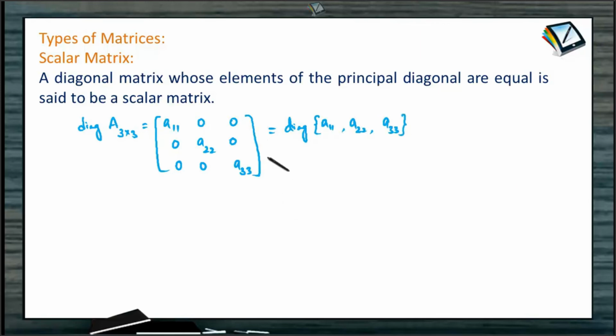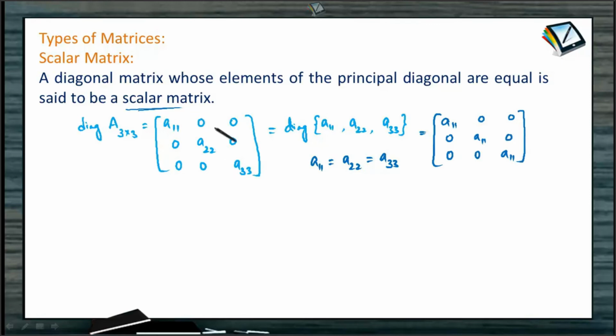Now, in this diagonal matrix, what is the extra condition required here? If the elements of the principal diagonal are all equal, that is, A11 is equal to A22 is equal to A33, then how will the matrix be? It will be in the form A11, 0, 0, 0, A11, 0, 0, 0, A11. Such a matrix is called a scalar matrix, in which all the principal diagonal elements are equal.